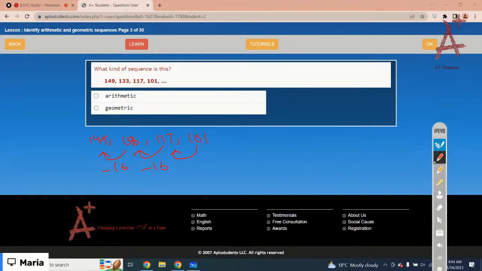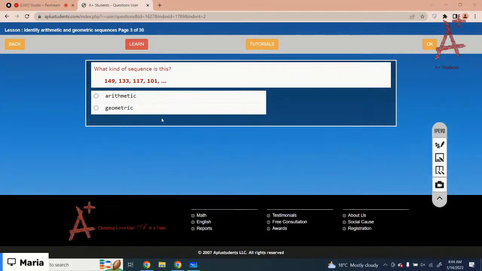Next, 101 minus 117 would be negative 16. See, they have a common difference. You can get the next one by subtracting the same number, 16. That means this is the arithmetic sequence. The correct option is arithmetic.